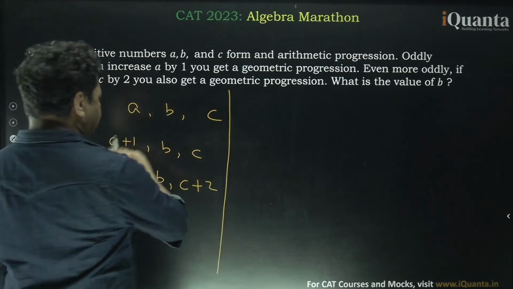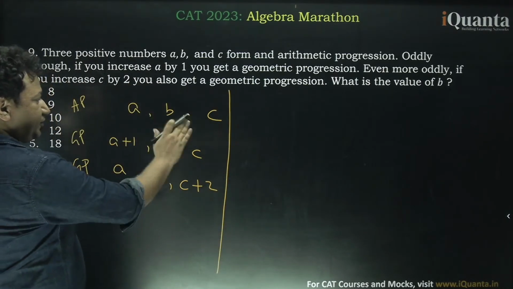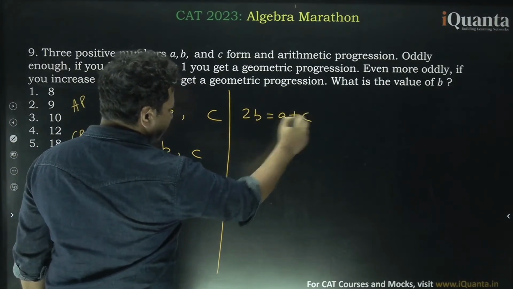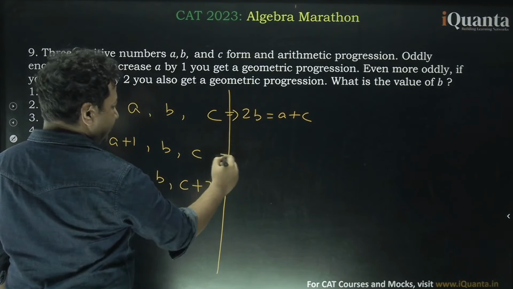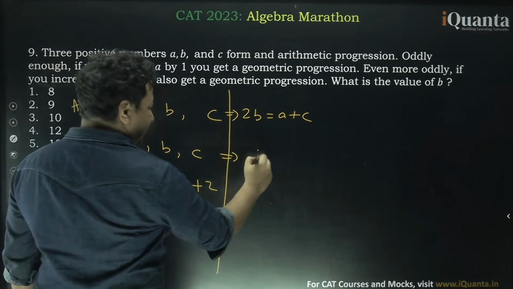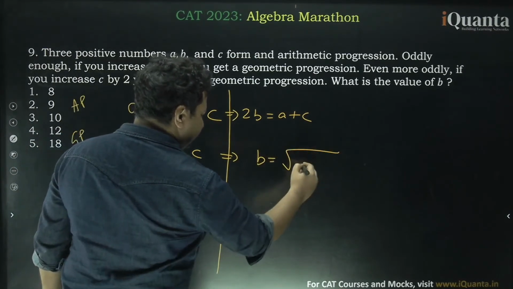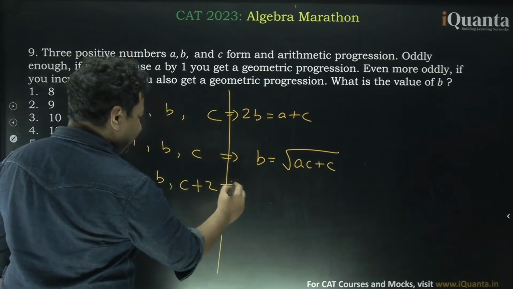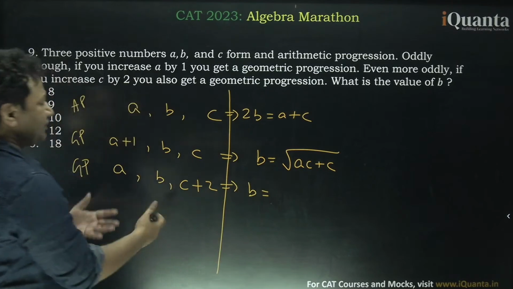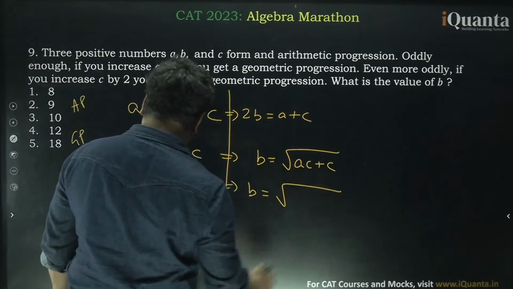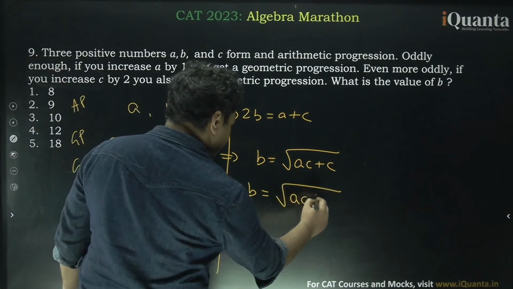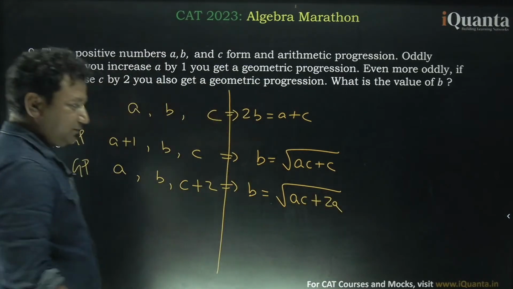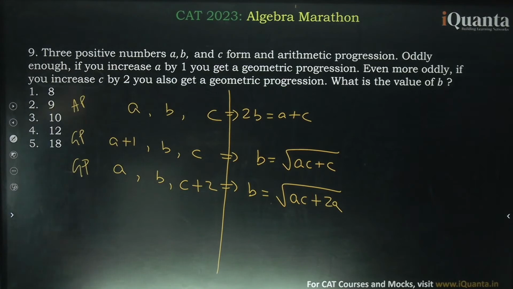So we can say from this that 2B is equal to A plus C as it's an AP. From here we can say that B is equal to square root of AC plus C, isn't it? And from here we can say that B is the geometric mean, square root of AC plus 2A. This is what we have in front of us.